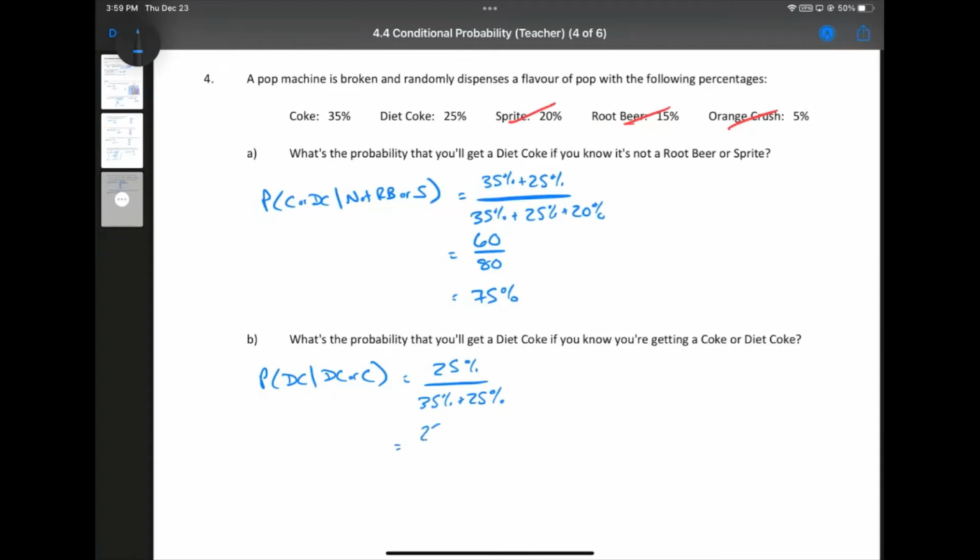And so that becomes 25 out of 60. And my calculator tells me that 25 divided by 60 is 41.7%. So there is a 41.7% chance that I'll get a Diet Coke knowing that it's either going to be a Coke or a Diet Coke.